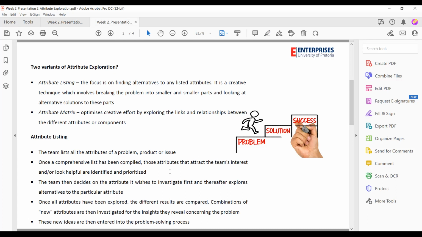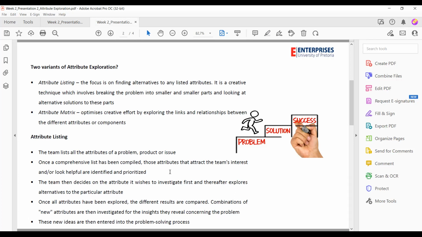So you can say maybe you want to improve on how you schedule the work for people, so that you can prioritize that part and then investigate it. If that makes any sense. And then you explore the alternatives to that attribute, and you do the same with all of them.